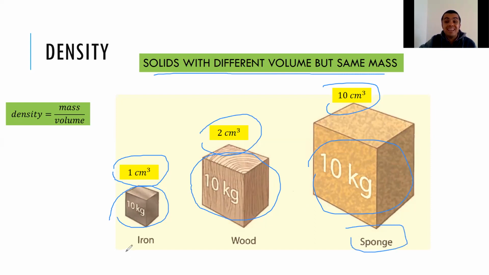Which one has the smallest volume? That one has the highest density. So with smaller volume there is more density, and with higher volume there is less density. That's how you can compare.